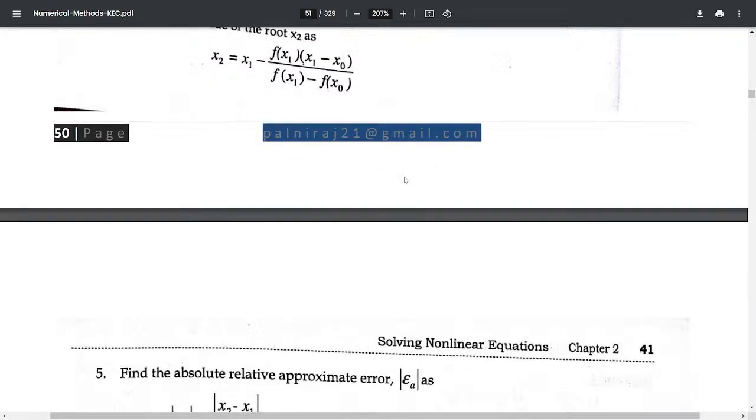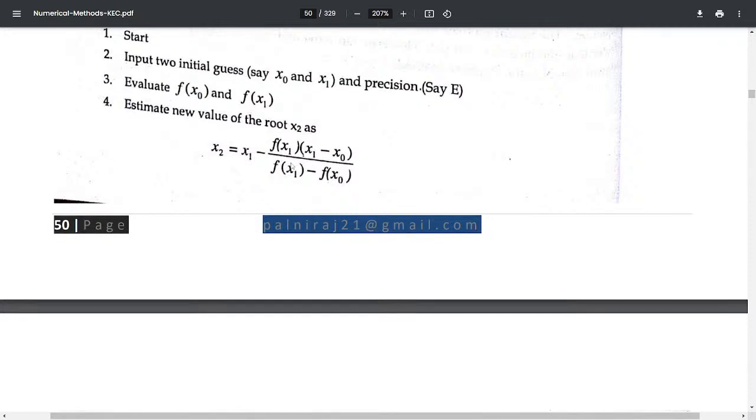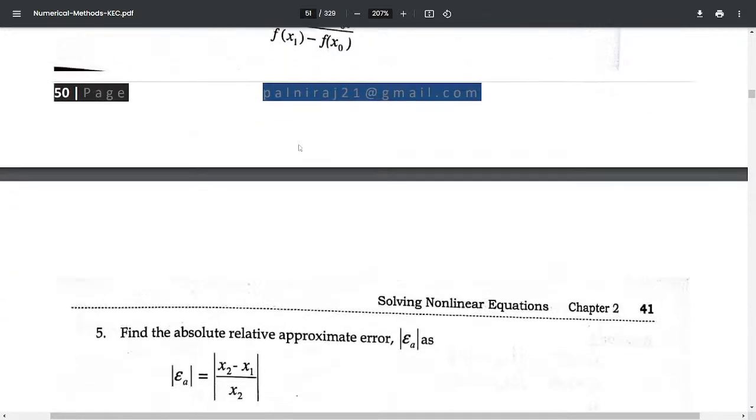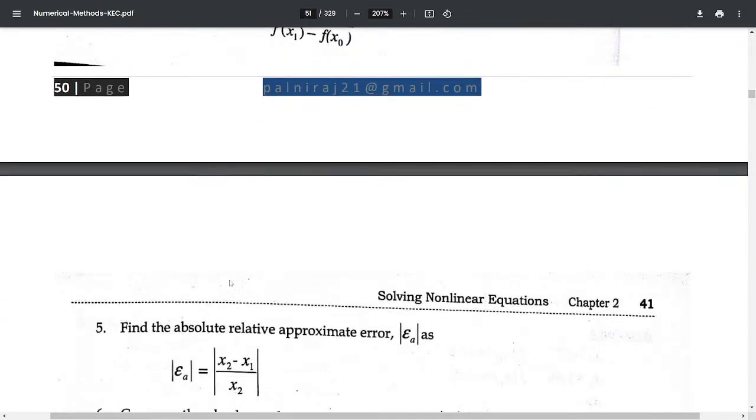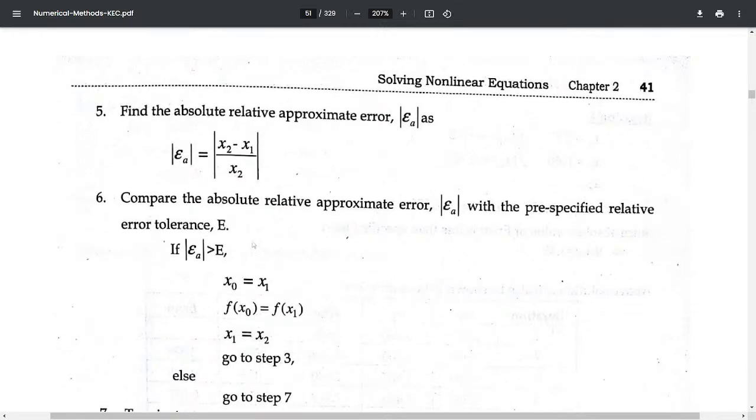And this is the formula to calculate the new root: x1 minus function of x1 times x1 minus x naught, upon function of x1 minus function of x naught. Let's move on. This is the process to calculate the absolute relative error, and we check whether this error is greater or smaller than the given precision error.